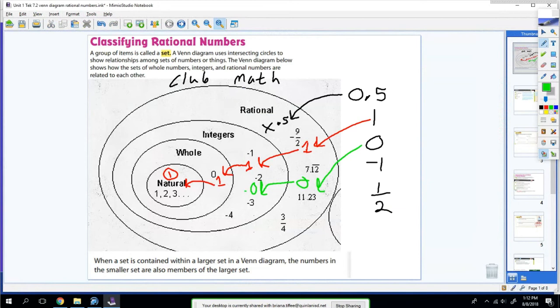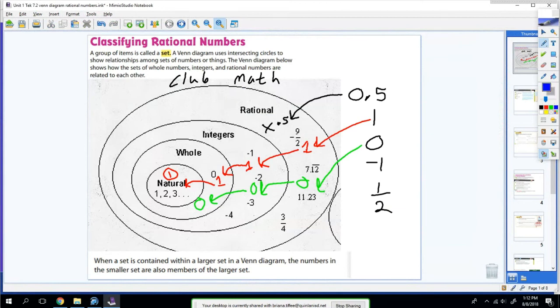And now it wants to go on to the whole number room, and it's allowed to be in there because it's not negative, but 0 cannot go to the natural room because you have to be 1 or greater to be in the natural room.